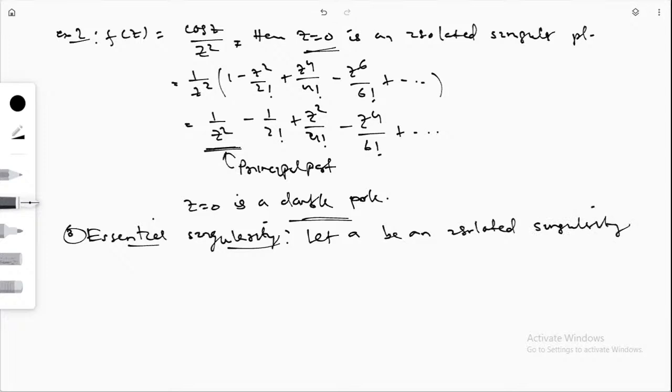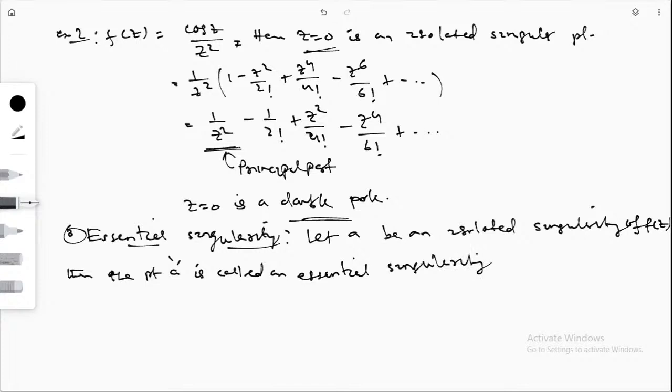Let A be an isolated singularity of f of z. Then the point A is called an essential singularity.